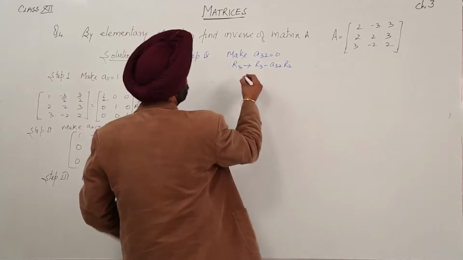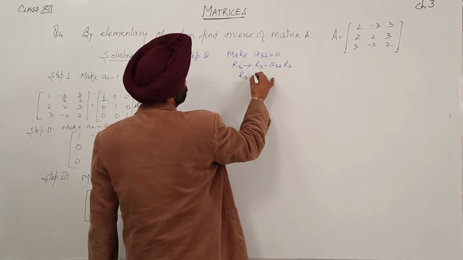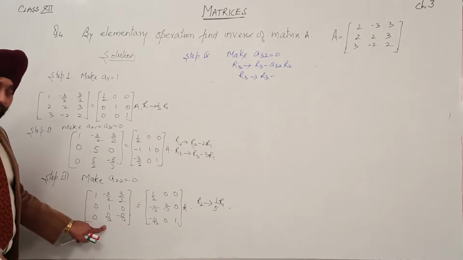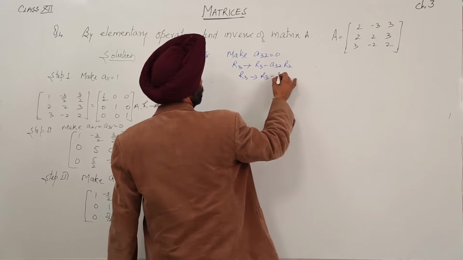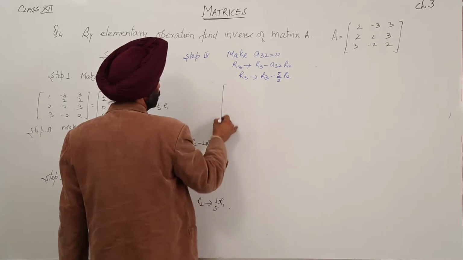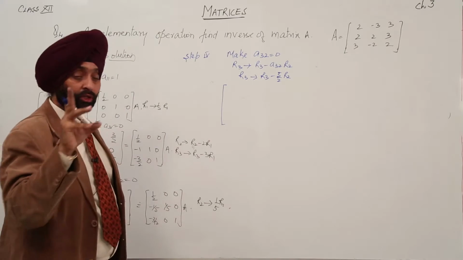Now here we have to go with R3 approaches R3 minus, now A32 is 5 by 2, with R2. Now what are we getting? We are changing only the third row. Okay.